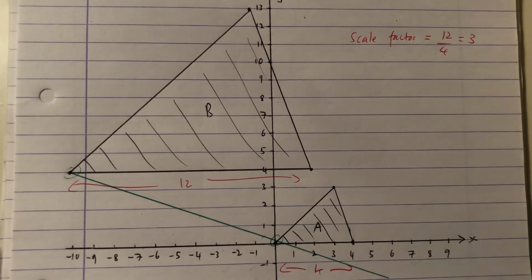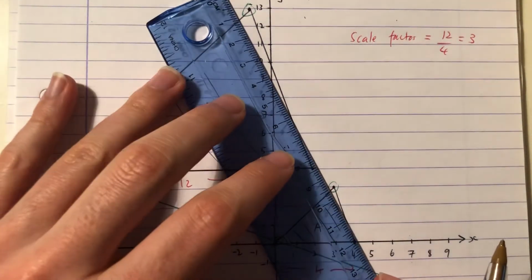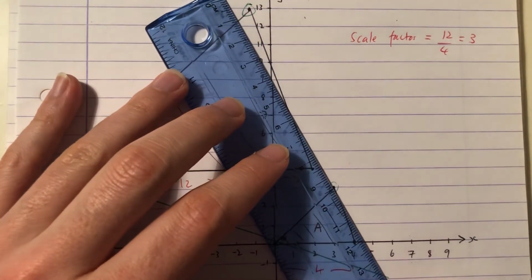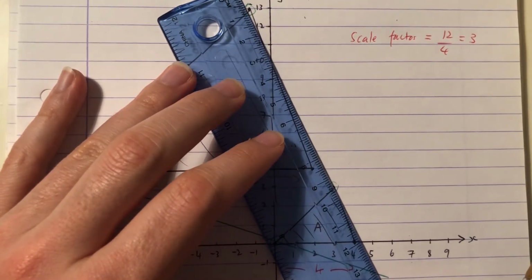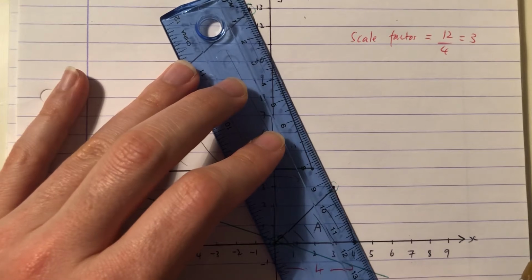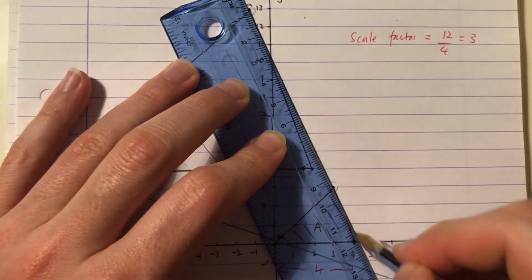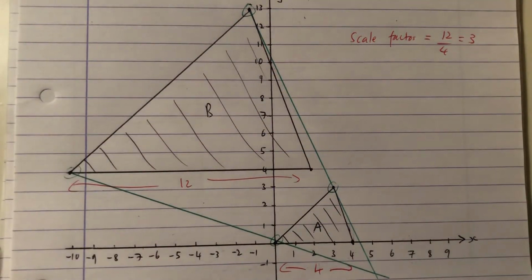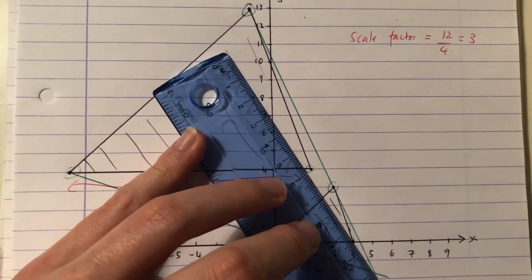Then pick another pair of corresponding coordinates. So I'm going to pick the top ones. You only need 2, but we could do 3 of them. So pick this pair as well.